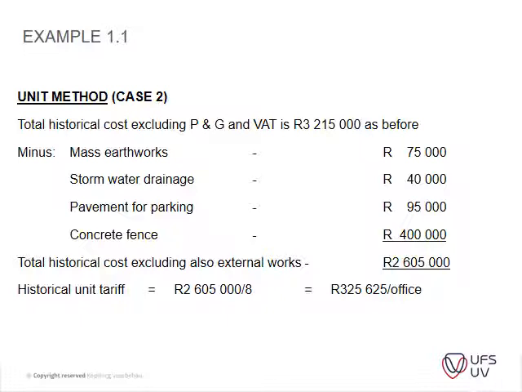So let's look at the previous example. The unit method: total historical cost excluding P's and G's and VAT is 3.21 million. Then what you do is you take out the areas which are not applicable to the new building, or which vary in the new building.